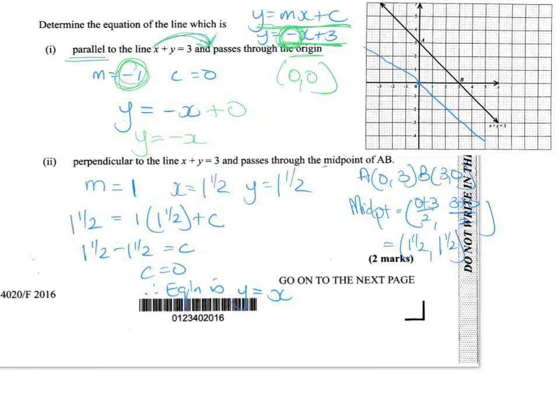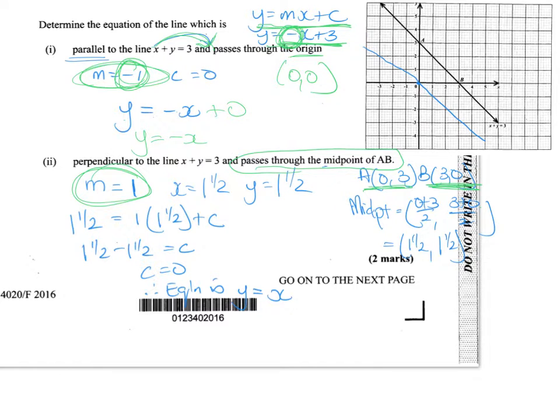Perpendicular to the line, we know that for perpendicular, we flip the fraction and change the sign. So the gradient is minus 1. If we flip that fraction and change the sign, we get that the gradient is 1. Now it has to pass through the midpoint of AB. If A is 0, 3 and B is 3, 0, then the midpoint is 0 plus 3 over 2, and 3 plus 0 over 2.